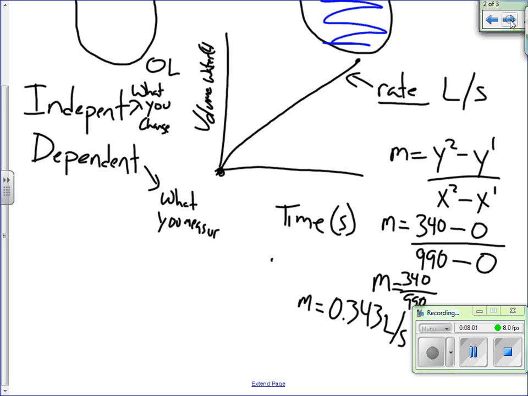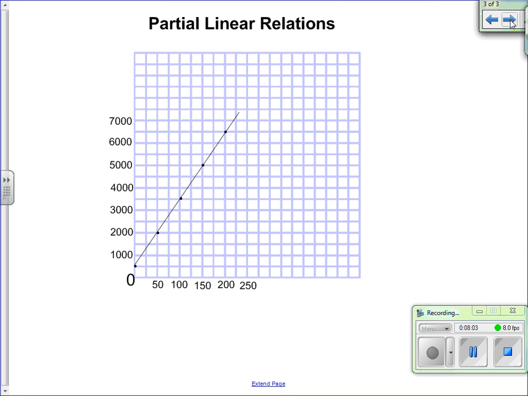Now, the other type of linear relation is partial linear relations. Partial linear relations are relations that do not pass through the origin. So I'm using the example right out of the textbook. The partial linear relation in this case was the wedding reception.